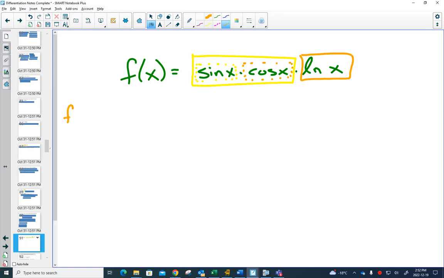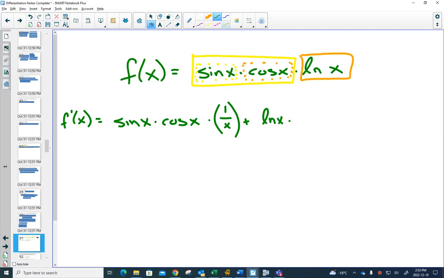So if I start with that idea, back to green. If I keep the yellow one the same, you see that I would just have sine x cos x, multiplied by the derivative of the orange one, which would be 1 over x. Plus, keep the second one the same, natural log of x, multiplied by the derivative of the first one. And now we run into what's inside the first one?